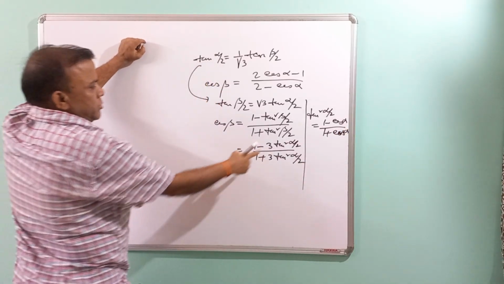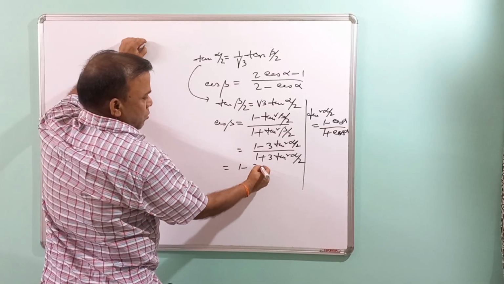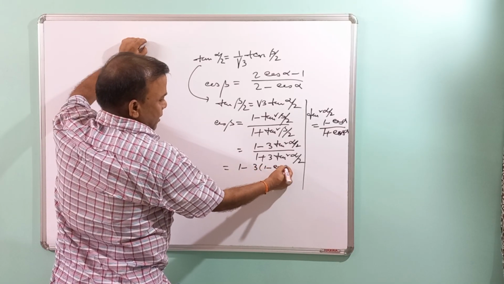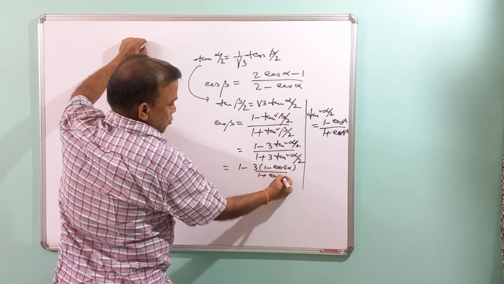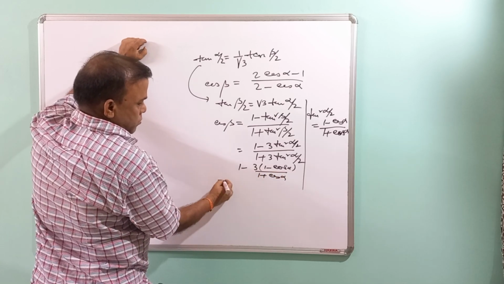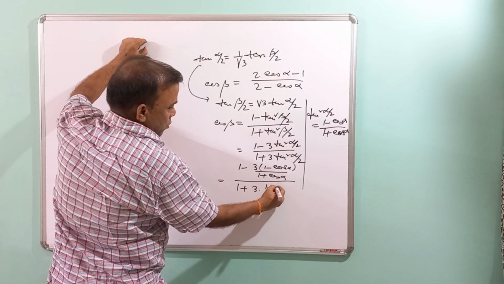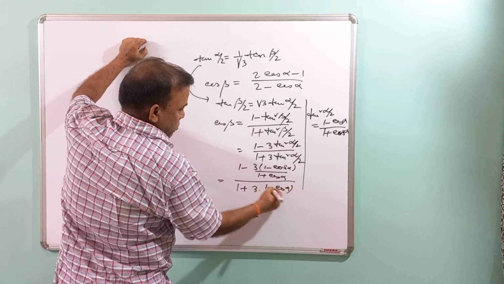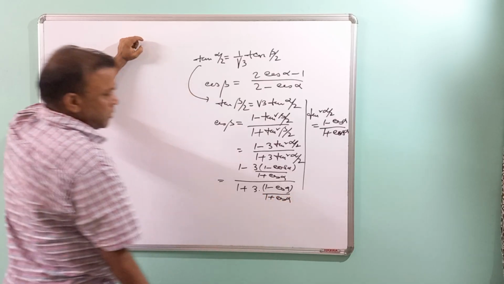Putting this formula into this one, we get 1 minus 3 into 1 minus cos alpha by 1 plus cos alpha, divided by 1 plus 3 into 1 minus cos alpha by 1 plus cos alpha.